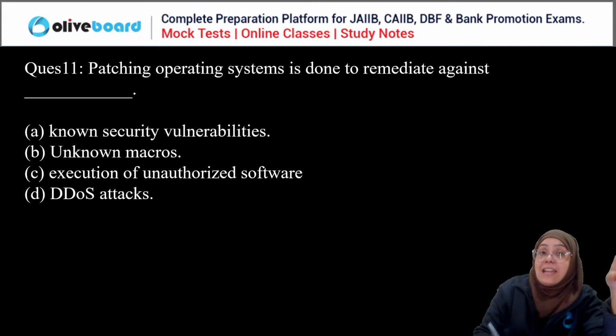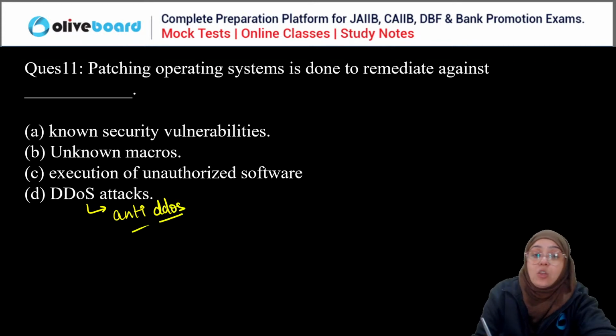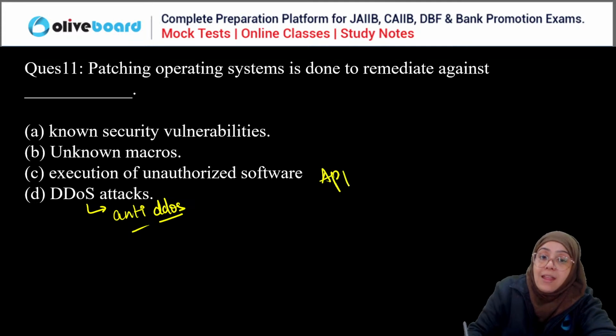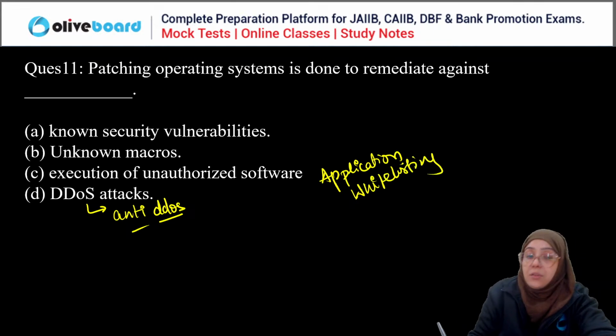Okay, so for DDoS attack, we have anti-DDoS software. Then for execution of unauthorized software, there is application whitelisting. Remember that screenshot which I have given you in the class, right?